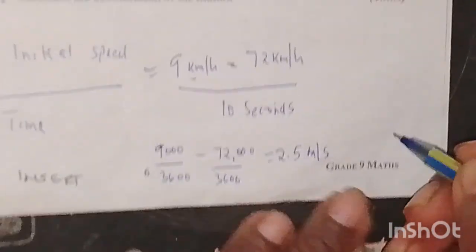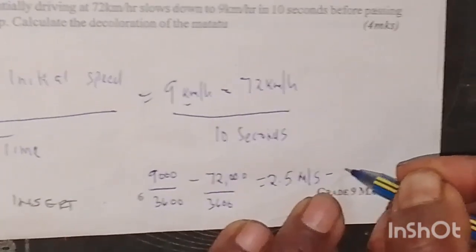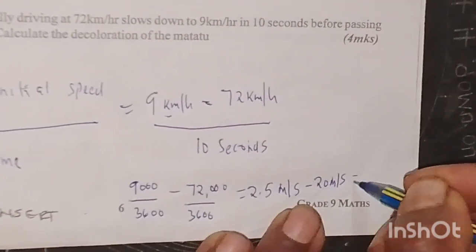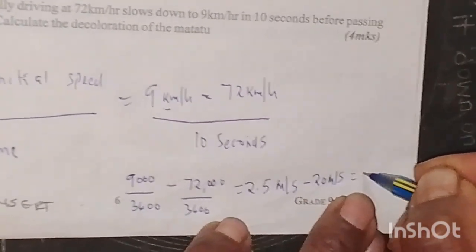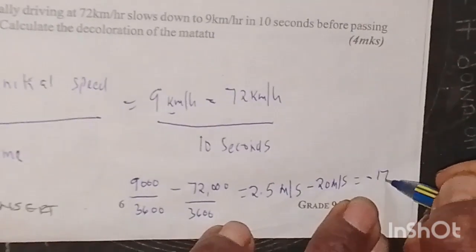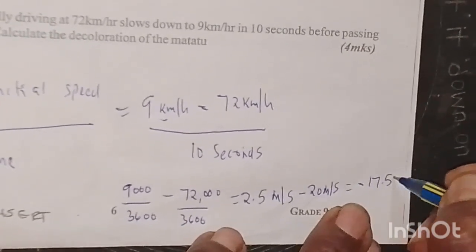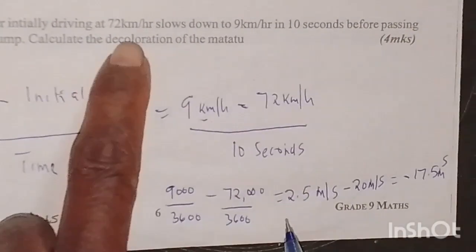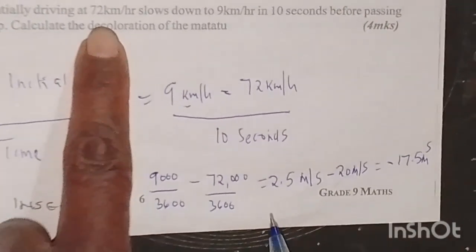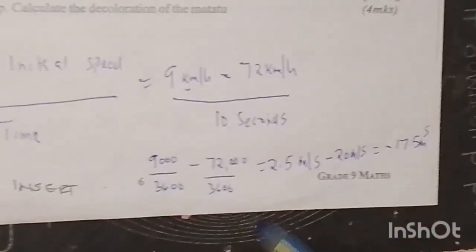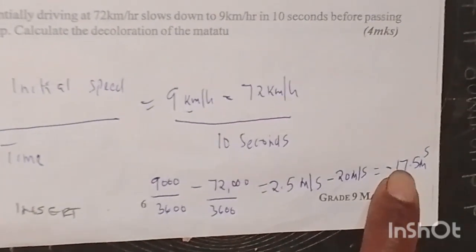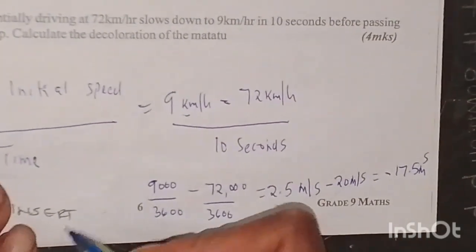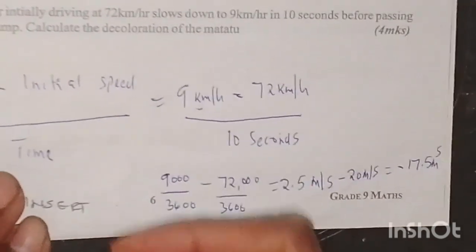If this is minus the initial 20 meters per second, therefore the change in speed is minus 17.5 meters per second. But now the solution you need is the acceleration. The acceleration is in minus, but you should put it into positive form, into positive sign.